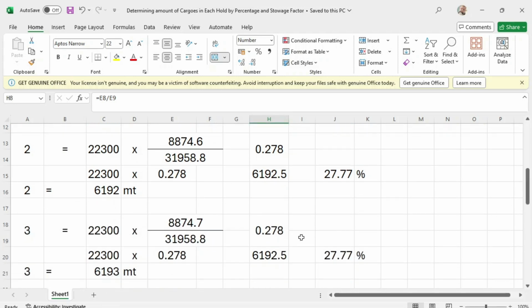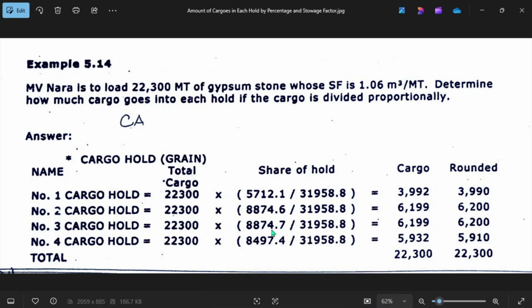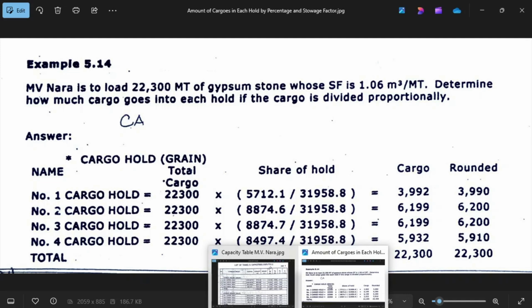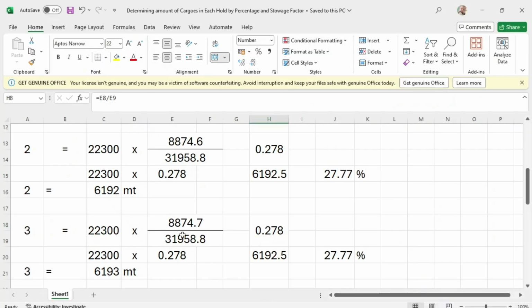So number 3, the hold capacity is 8874.7. 8874.7 divide your total capacity of 31958.8, and you have a percentage of 0.278.